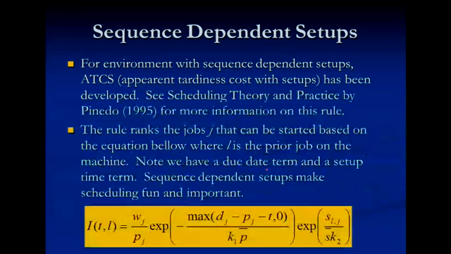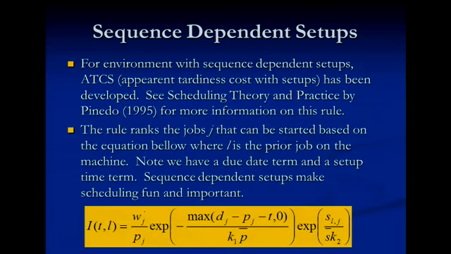So if you have a situation with sequence dependent, there's a dispatching rule here: apparent tardiness costs with setups to rank the jobs. And the rule ranks the jobs that can be started based on the equation that follows, where J is the job and L is the prior job. And basically it has three terms.